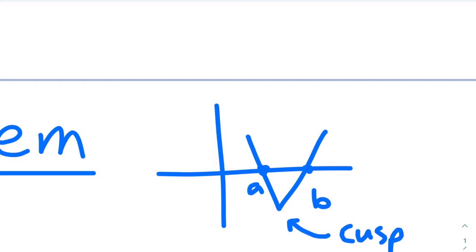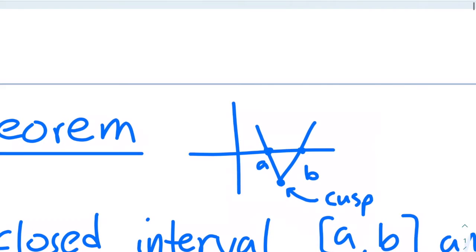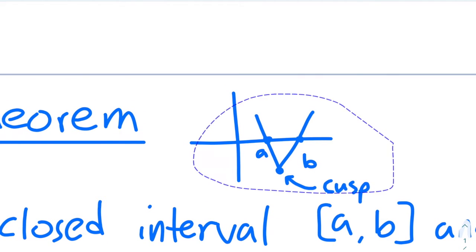But what's the derivative there? Is it the derivative based on this line or this line? We don't know, and it's not zero either. The cusp of an absolute value function does not have a derivative, meaning that point is not differentiable. Because it's not differentiable, Rolle's theorem does not apply in this case.